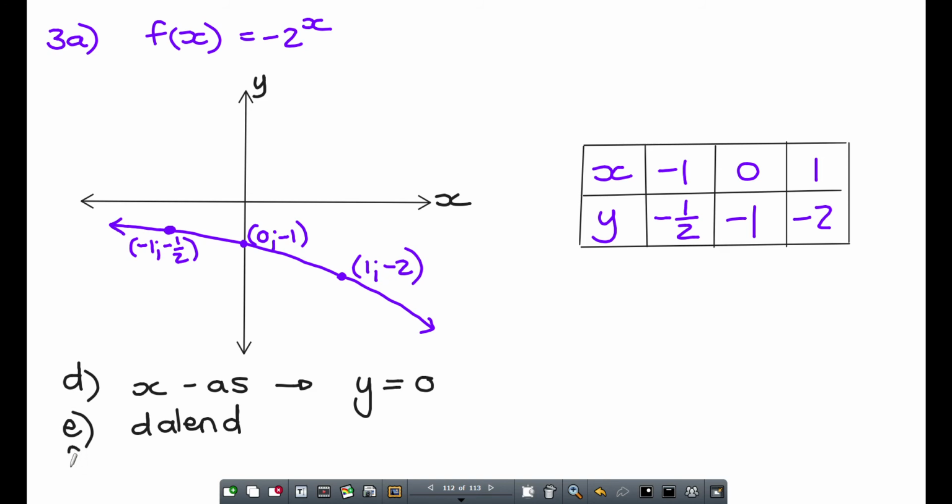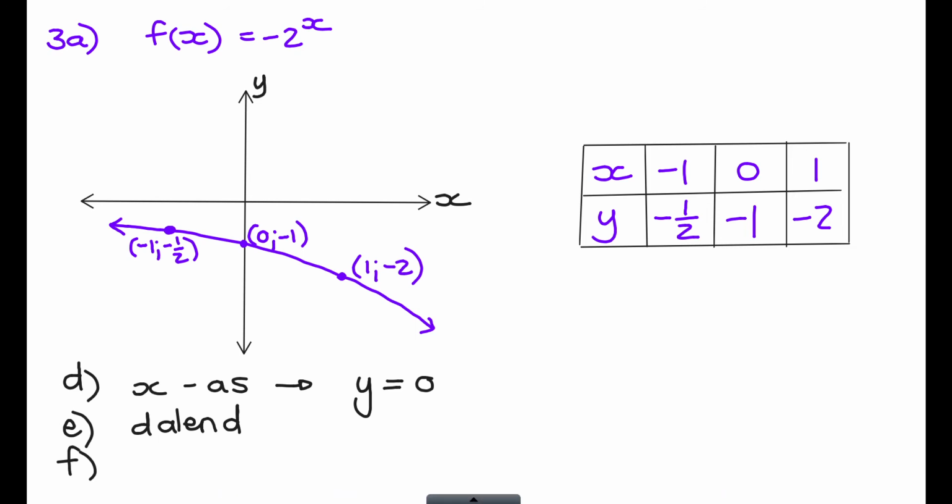Goed, dan F. At F, they are asking me, gee die definisieversameling en die waardeversameling. Okay, now it's going to be the same for all of those graphs. Kyk gou my x-waardes. Stem jy saam? Let me just first write definisieversameling. The domain. Okay, x will be an element of real numbers. Dit gaan al die x-waardes mag wees.